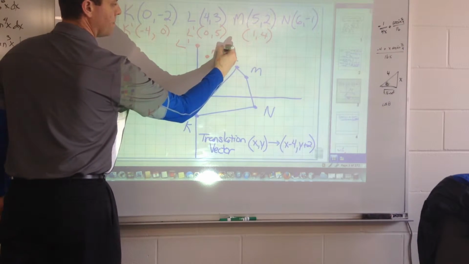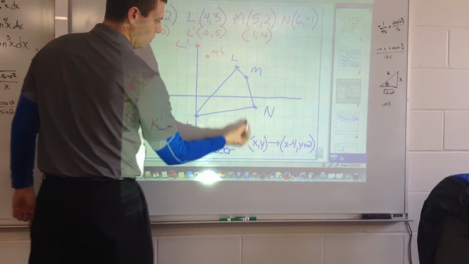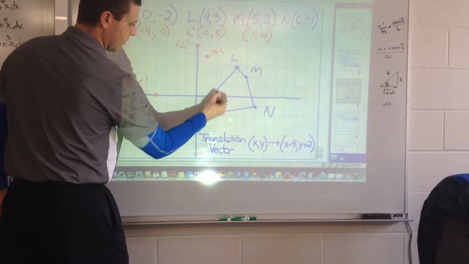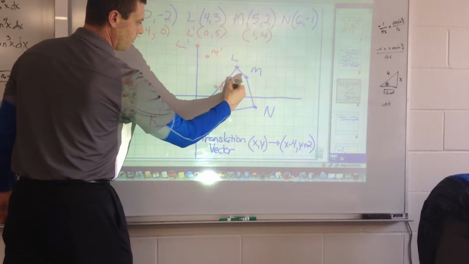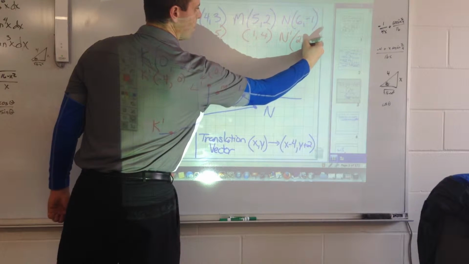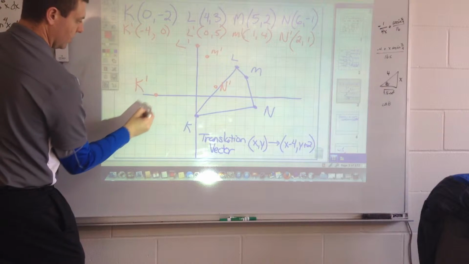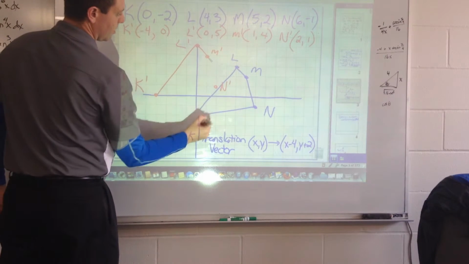That would be M prime. And then N would be moved 1, 2, 3, 4 over and 2 up. This would be N prime, 2, 1. Right? And then here is your new image.